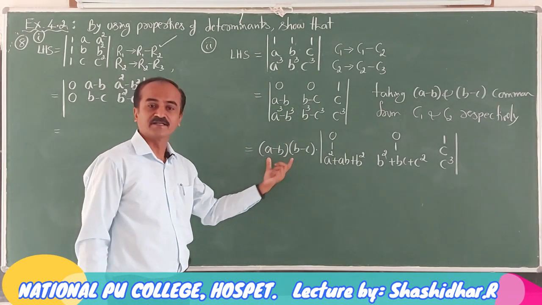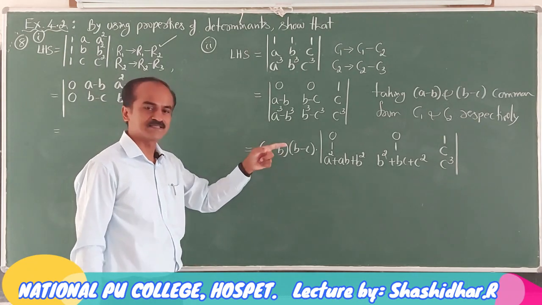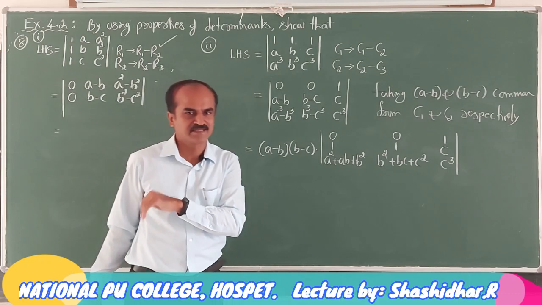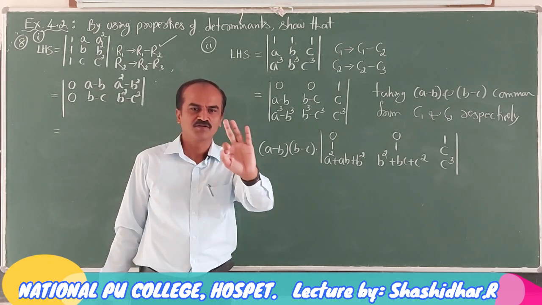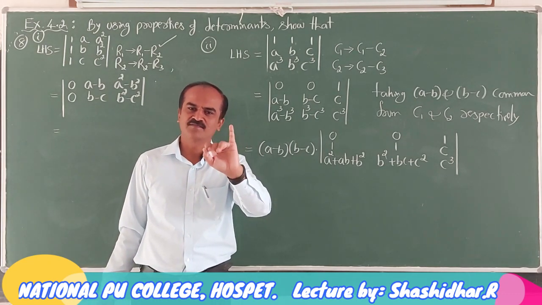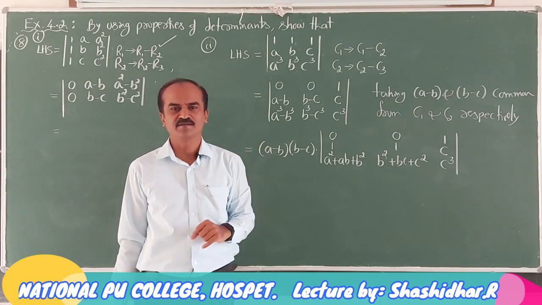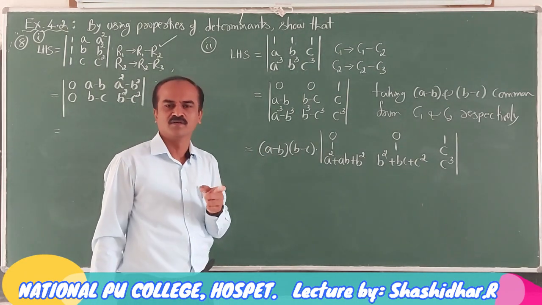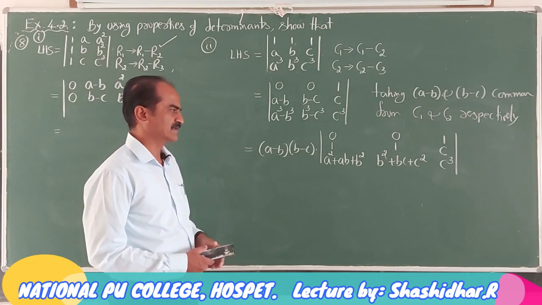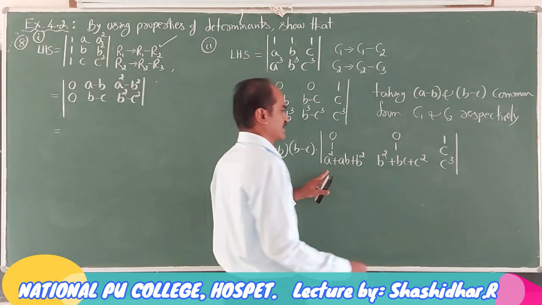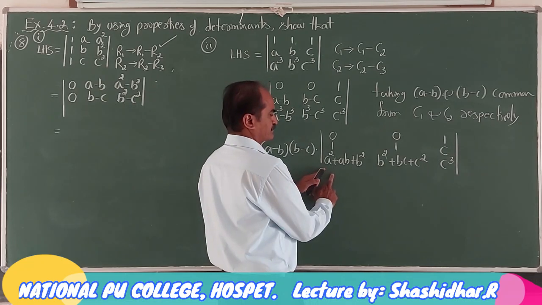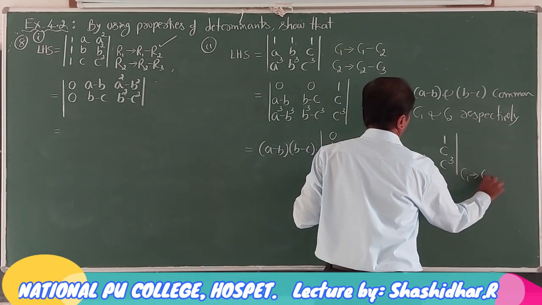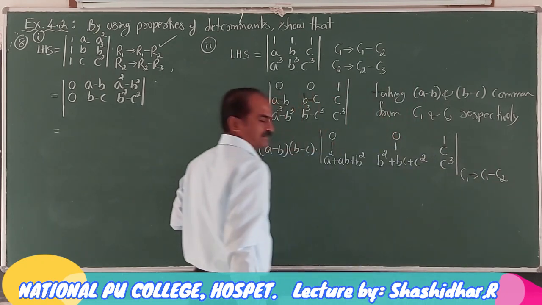I need to get two more factors. One is c minus a, another is a plus b plus c. In the earlier example, in order to show that it is a product of three factors, after getting two factors, you can expand the determinant. Here, four factors are there. Let me plan for one more factor, that is c minus a. How can I get the c minus a factor now? I will write C1 changes to C1 minus C2.